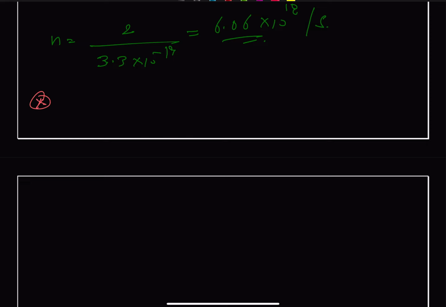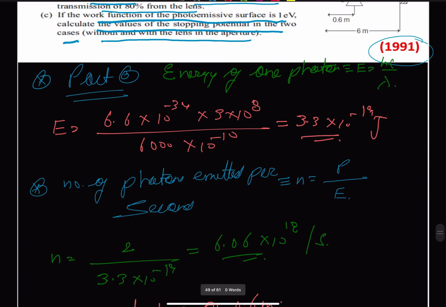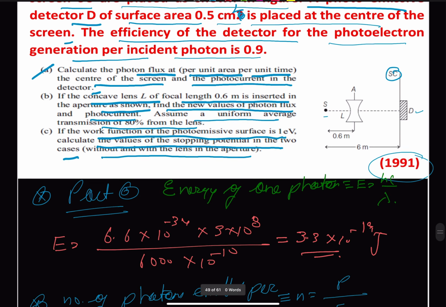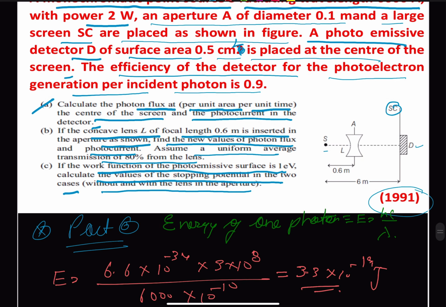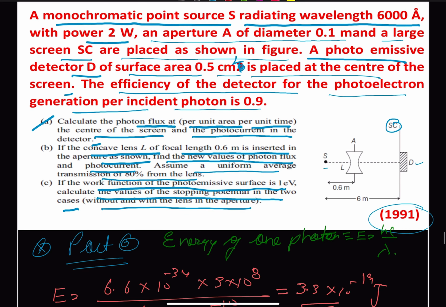we can write at a distance of 0.6 meter, number of photons incident. We have a detector of surface area as, one second, aperture diameter is 0.1 meter.